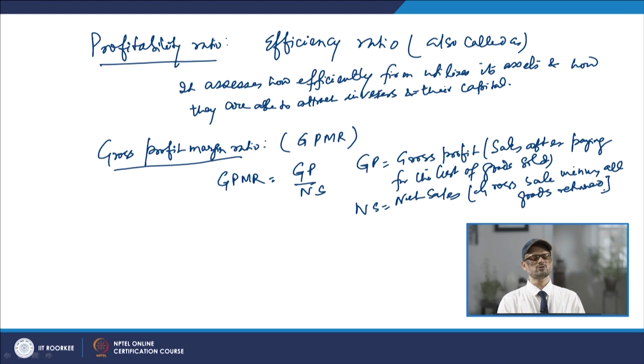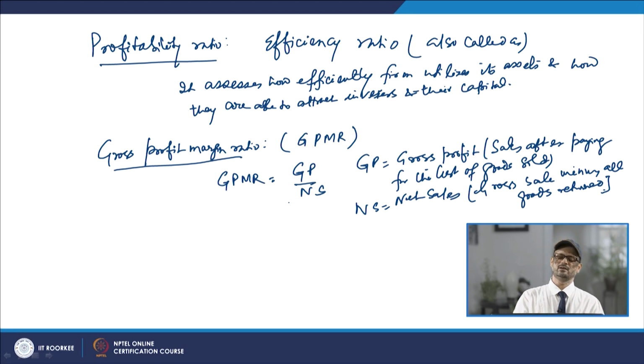This gross profit margin ratio is one of the ratios used to see how good the company is. Suppose your gross profit is given and also your net sales are given, then you just take the ratio of these two, and that will give you the GPMR. The GPMR tells that for every rupee of net sale, what is the gross profit.